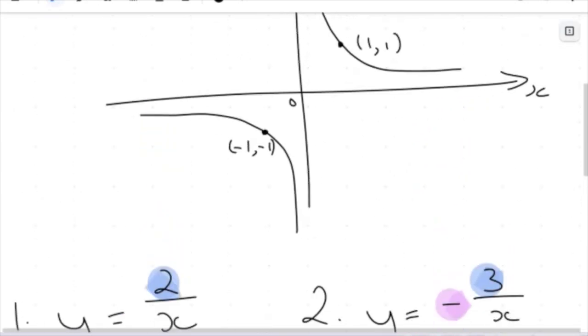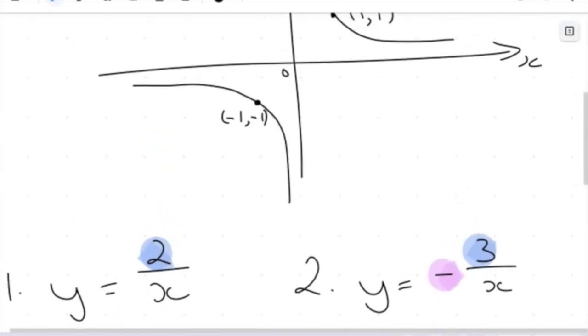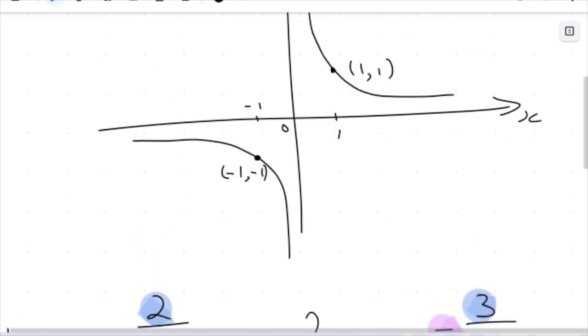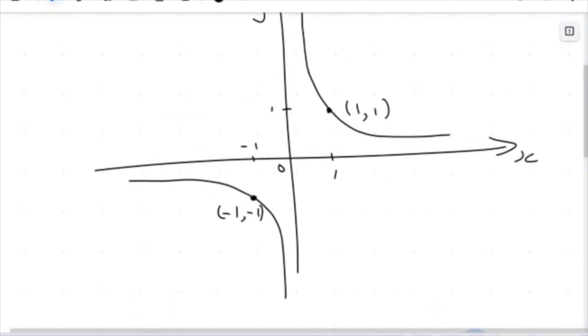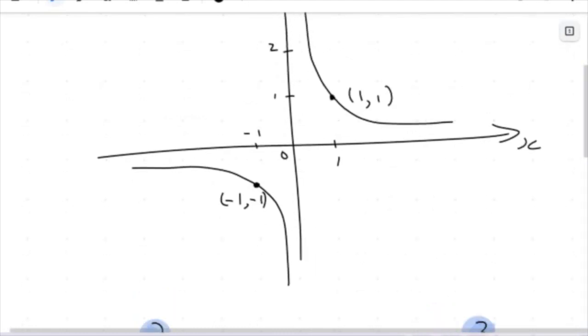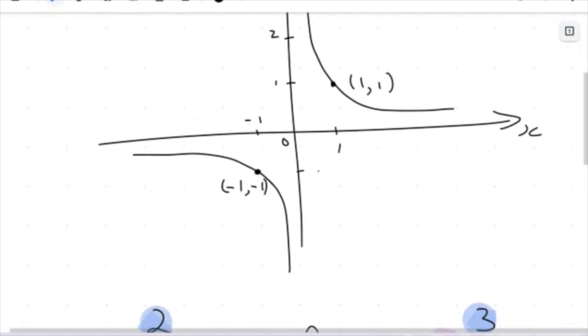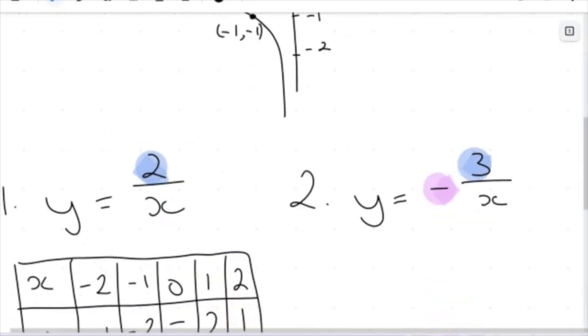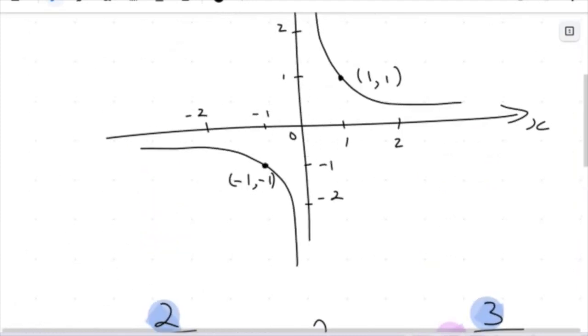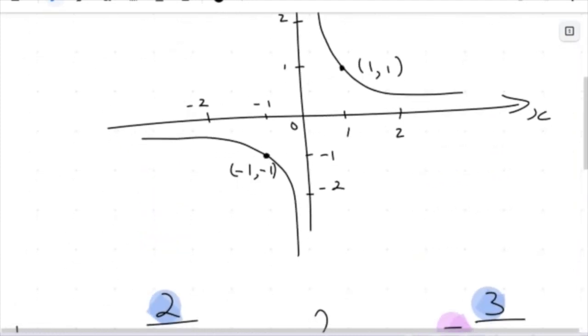So let's actually just draw this in. I'm going to label in some points here: 1, 2, -1, -2, and we'll go to -2. Okay, so when x equals -2, y equals -1.